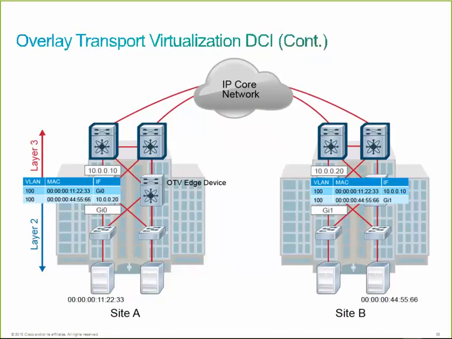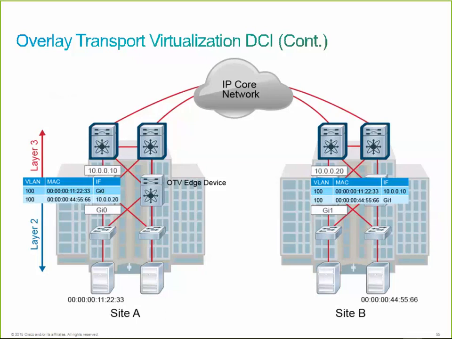In the case of MAC routing, if the MAC address information is unknown, much like a router does, that traffic gets dropped. It doesn't get flooded. That's going to prevent the waste of bandwidth across our WAN link.